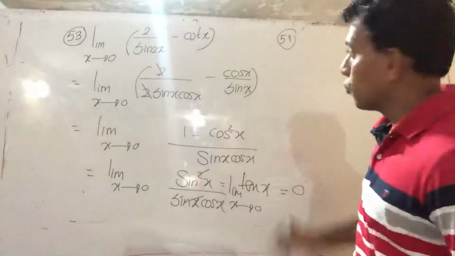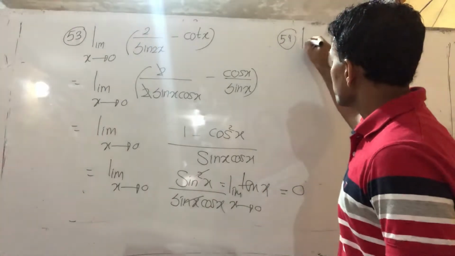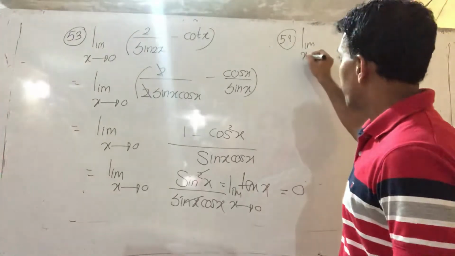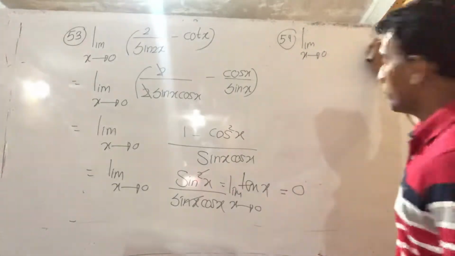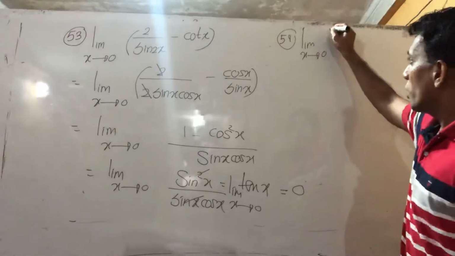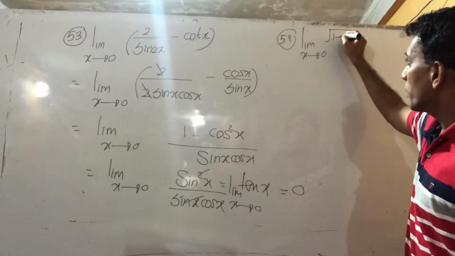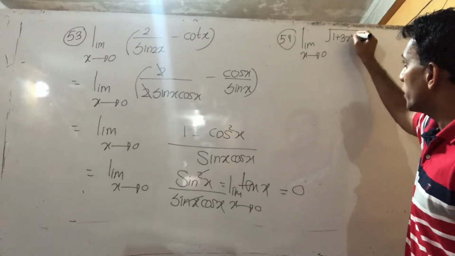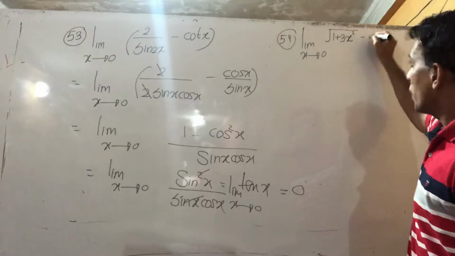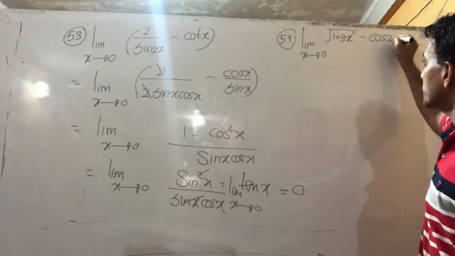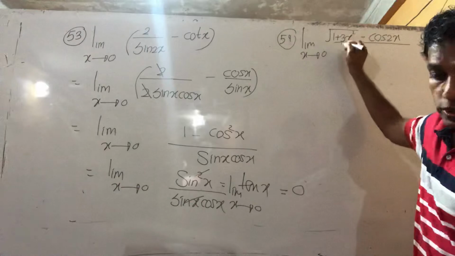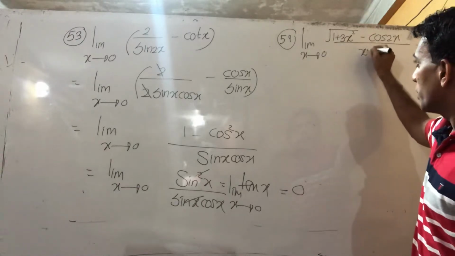Question 54: limit x approaches to 0 of square root of 1 plus 3x square minus cos 2x over x square.